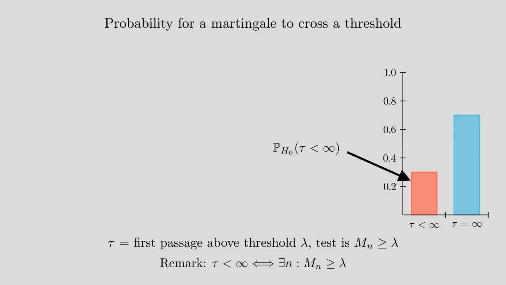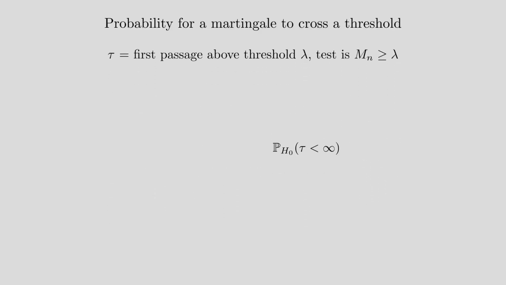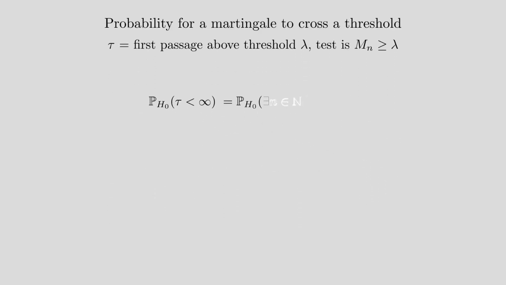Under the null hypothesis, the probability that tau is finite is the probability that there exists a time, n, on which the martingale is bigger than the threshold, which happens to be exactly the probability that there is a false positive at time n, since it would have led us to wrongly pick the alternative hypothesis.